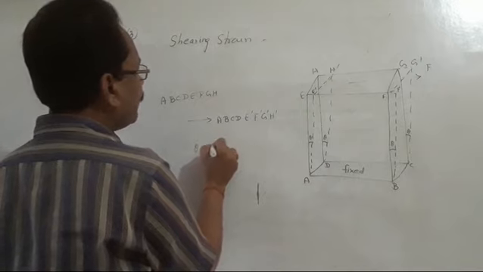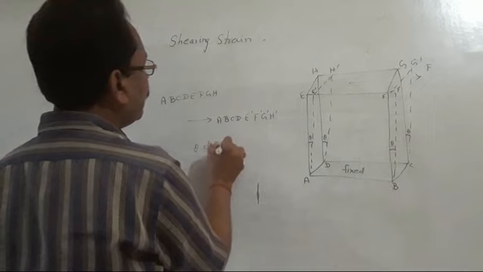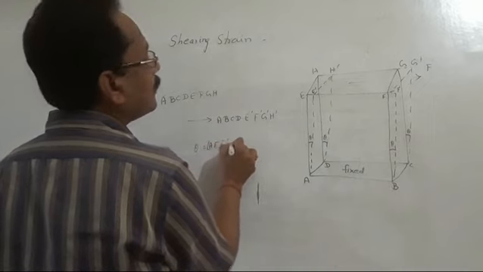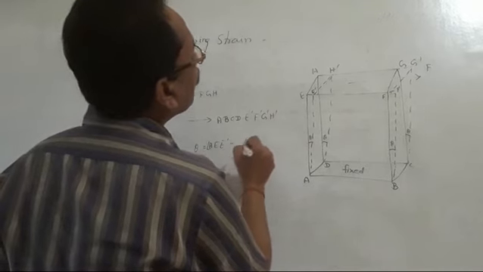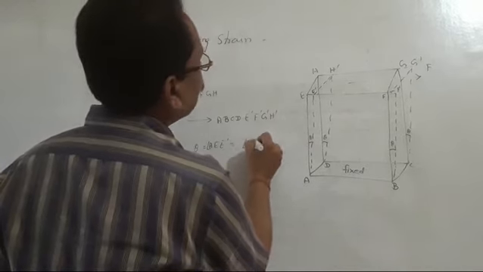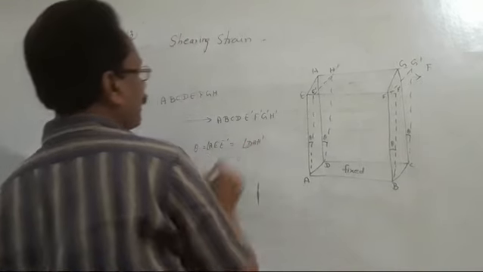Here theta is equal to AE E dash, that is equal to DH H dash, and so on.